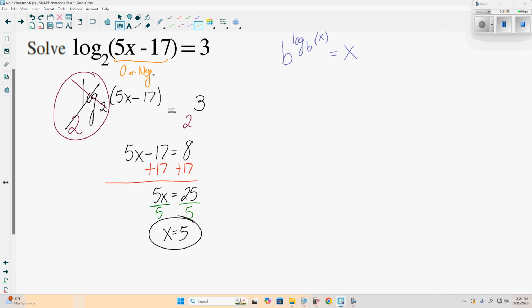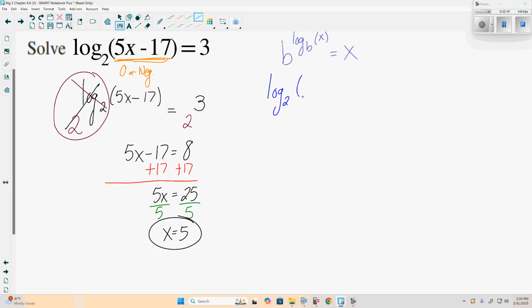Now we do have to be careful with logarithms because what's inside the logarithm, that 5x minus 17, cannot be 0 or negative. Because if what's inside the logarithm is 0 or negative, that solution will not work. So any value of x that would make 5x minus 17 be 0 or negative, we have to throw out. And we could check this here and see if that happens.